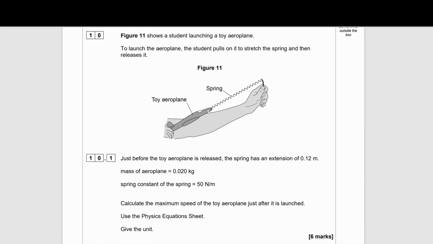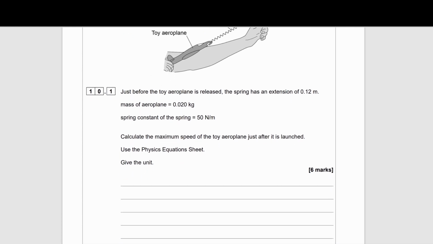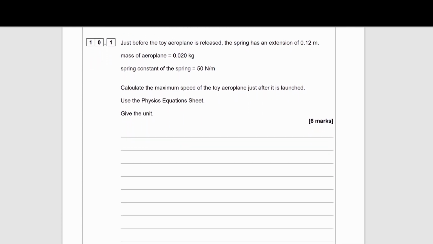Question 10. Figure 11 shows a student launching a toy aeroplane. To launch the aeroplane, the student pulls on it to stretch the spring and then releases it. 10.1. Just before the toy aeroplane is released, the spring has an extension of 0.12 meters.